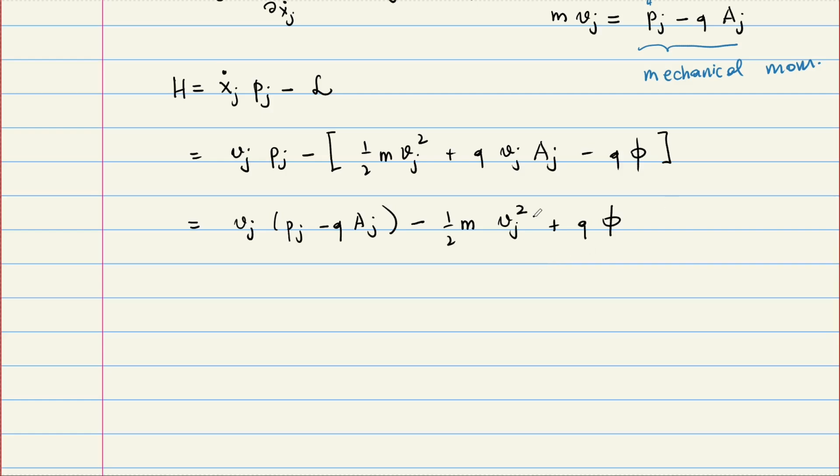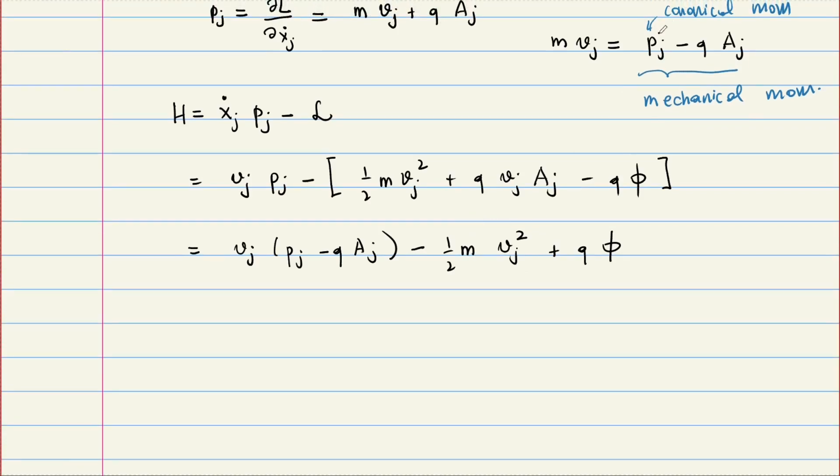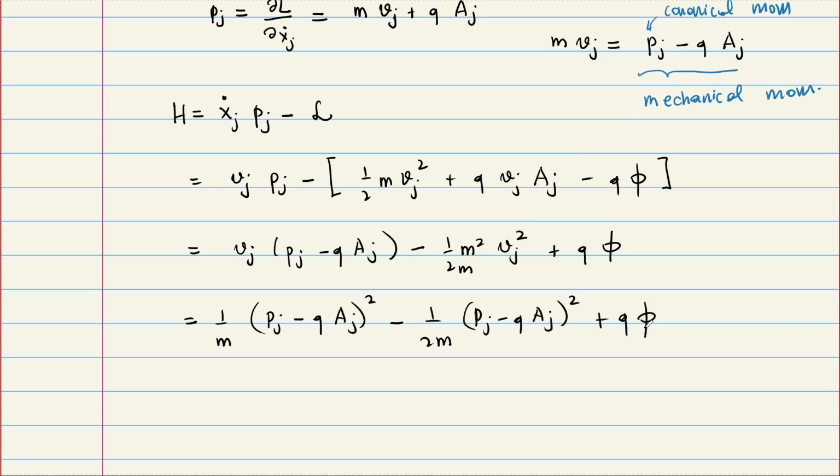And whenever I see mVj, I want to write this thing. This is going to give me, so I have one Vj here, so this is going to be 1 over m Pj minus Q Aj times this squared minus 1 over 2m, right? I write it like m squared. Now m squared Vj is square of this, Pj minus Q Aj squared plus Q phi.